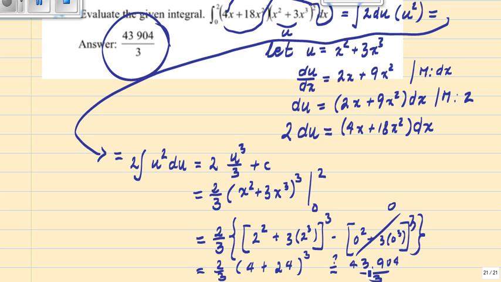You can use your calculator, put the limits from 0 to 2, and put your function 4x plus 18x squared times x squared plus 3x cubed squared dx, and then press equal. So that's from the calculator.